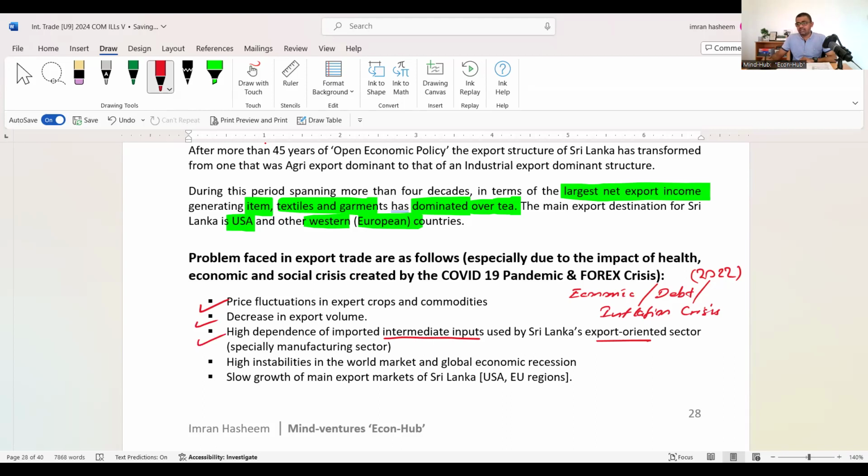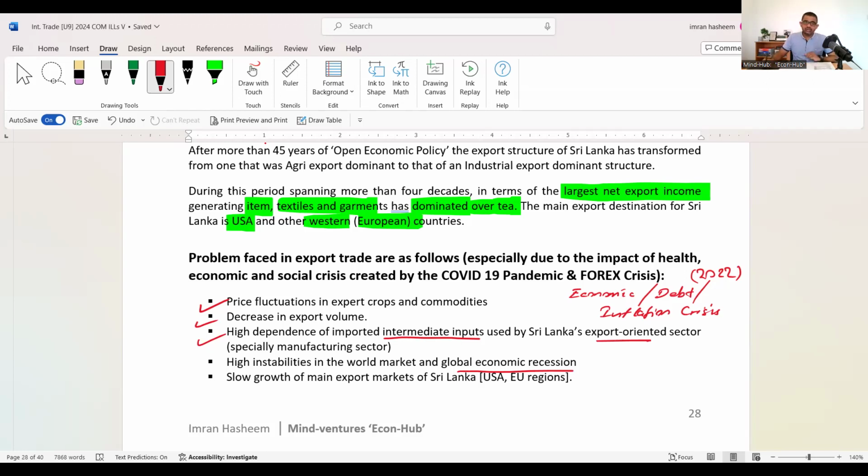So, and then high instabilities in the world market and global economy. World market fluctuations in prices are very high, right? And also global economic recession. This is caused by the pandemic. We call this the pandemic recession or the pandemic-induced recession.